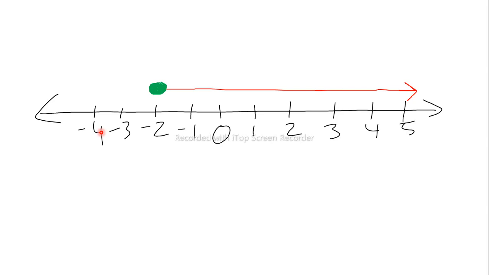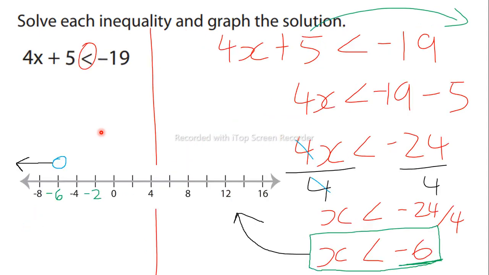Okay. Now, Miss Saunders, it doesn't matter what number you count in. The only thing that matters is that your -6 is on the graph. You shorten it by choice. Exactly.